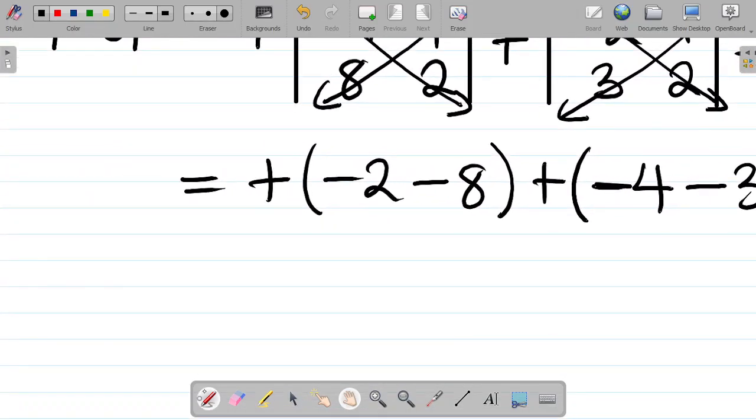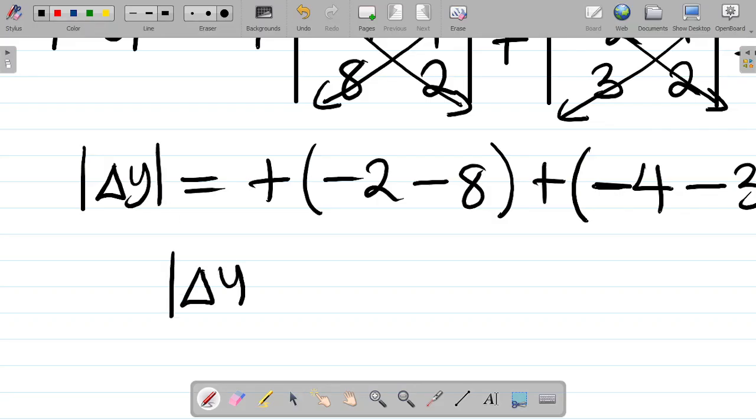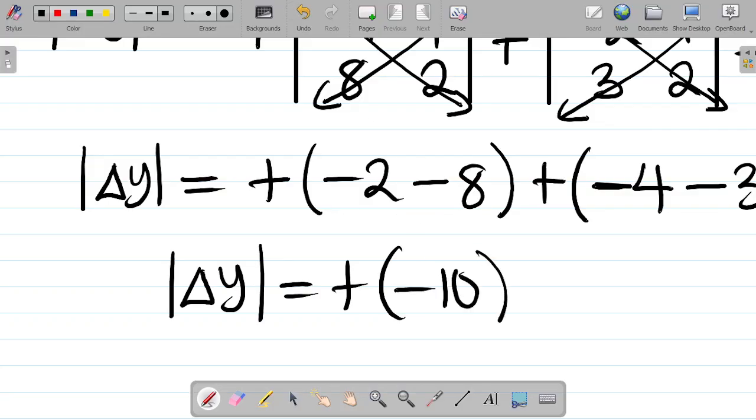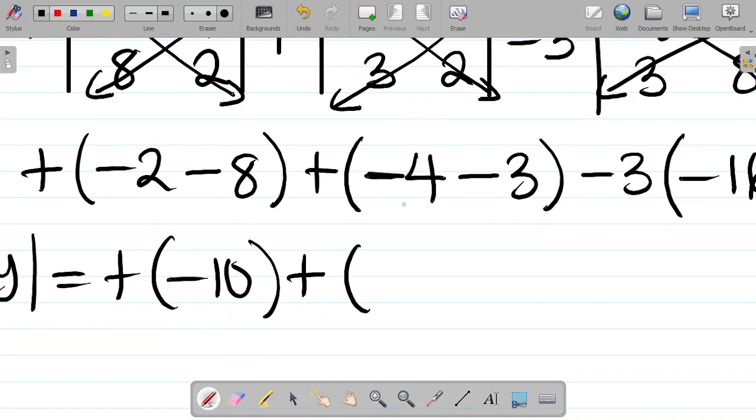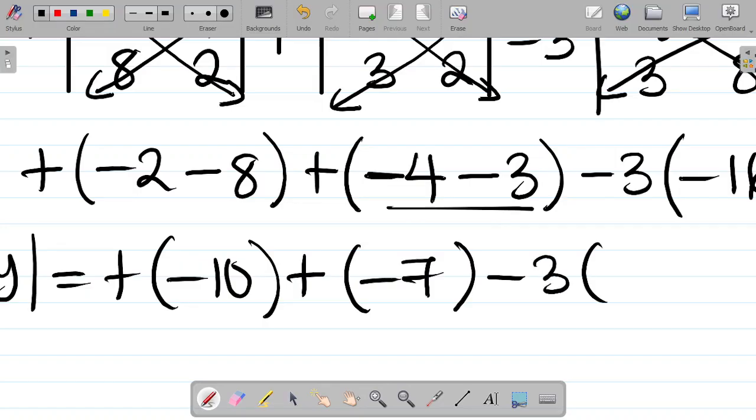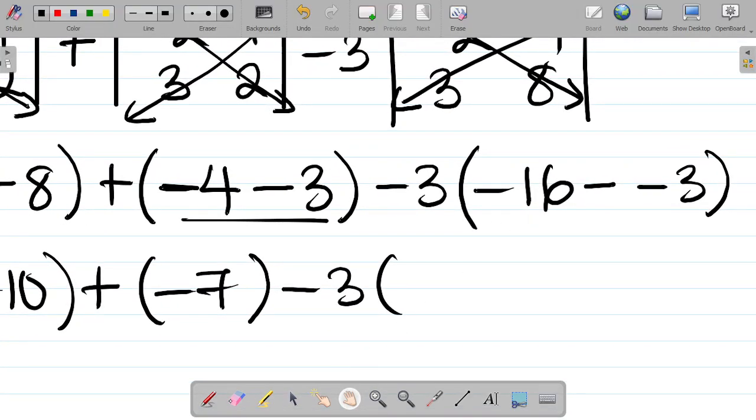So from here, this is the determinant of lambda y, and that's equal to plus minus 2 minus 8, which is actually minus 10, plus, next up you have minus 3, minus 4 minus 3 is minus 7. And then minus 3 into, next up we have minus 16 minus minus 3. Minus minus 3, these two would give you plus 3.